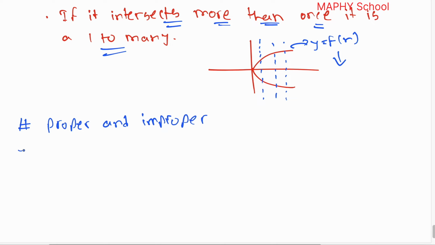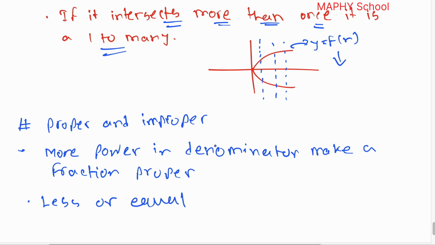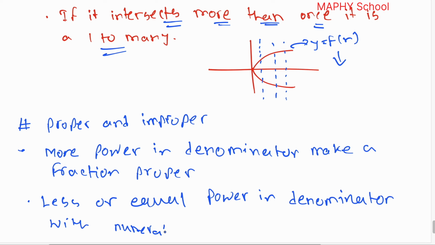We can say that more power in the denominator makes a fraction proper, and less or equal power in the denominator compared with the numerator makes a fraction improper.